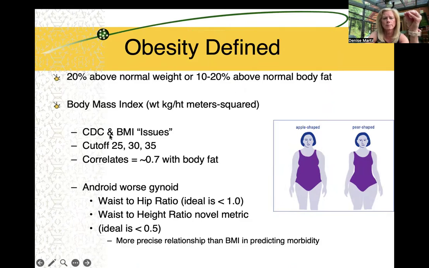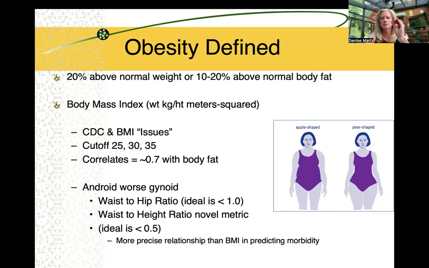The Center for Disease Control has cutoffs for BMI, where a BMI of 25 is considered overweight, 30 is considered obese, and 35 is considered morbidly obese. But again, it's more complicated than that.